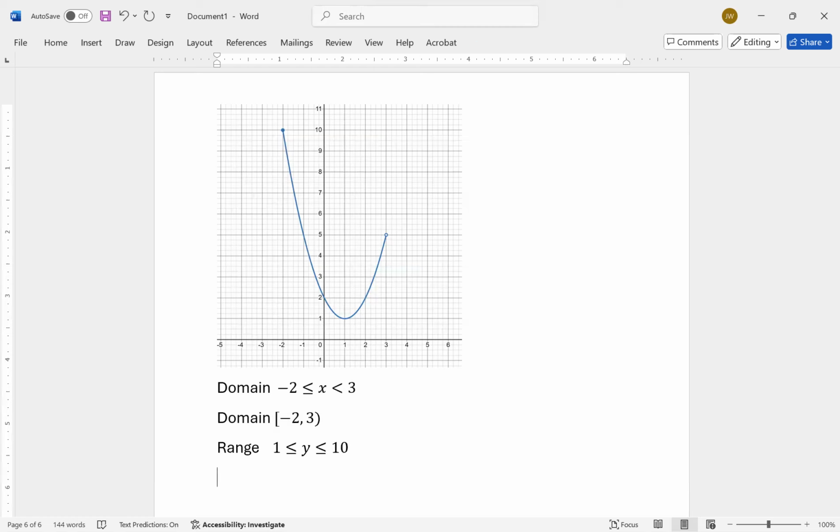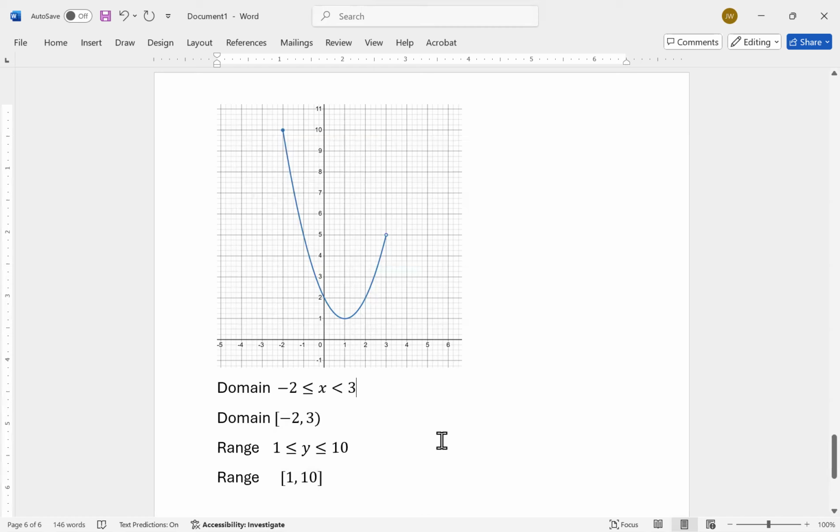In interval notation, it looks like we can hit 1, and we know we can hit 10. That's a closed circle there. Our range goes from 1 up to 10 with square brackets on both sides. Can hit 10, can hit 1.